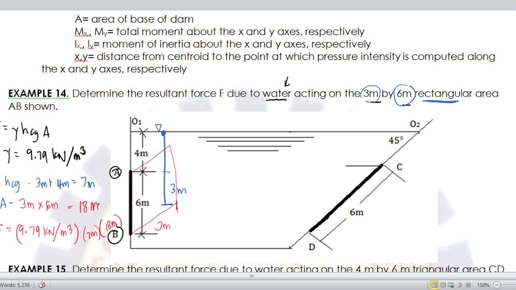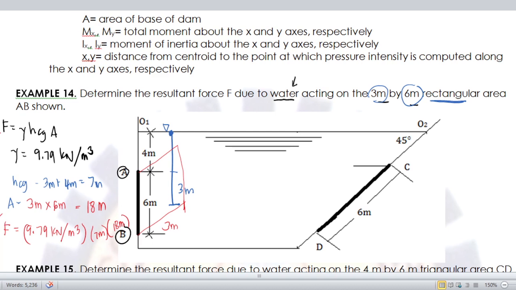Using your calculator, class, kindly solve. We have 9.79 times 7 times 18, which gives 1,233.54.